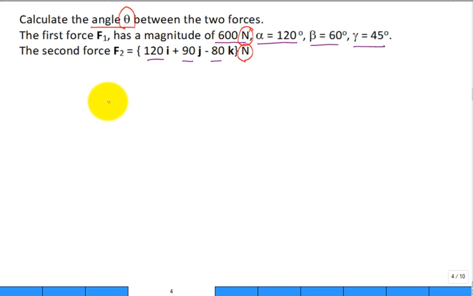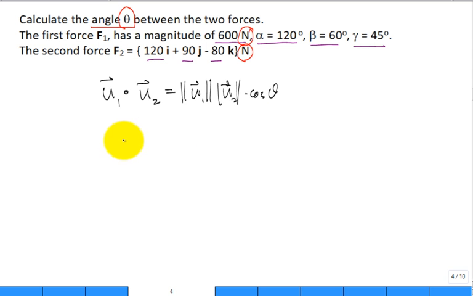If I calculate the unit vector along the direction of force F1, and then the unit vector in the direction of force F2, and take the dot product, that would be the magnitude of unit vector 1, which is 1, and the magnitude of unit vector 2, which is 1, times the cosine of the angle between.